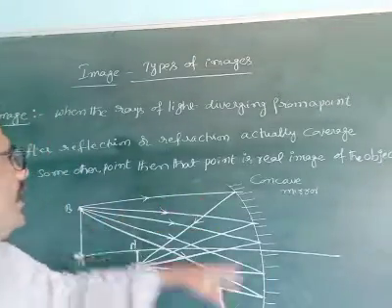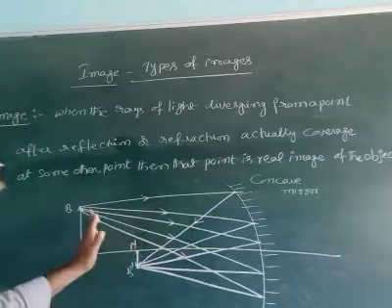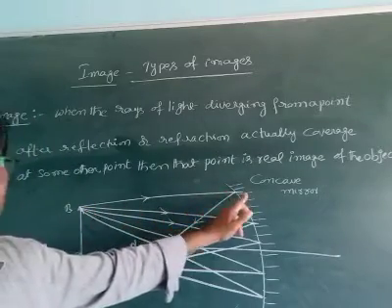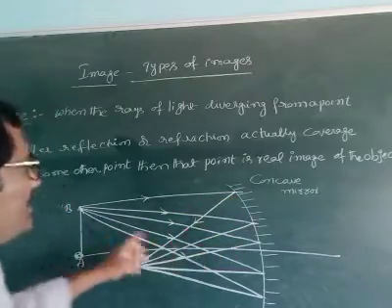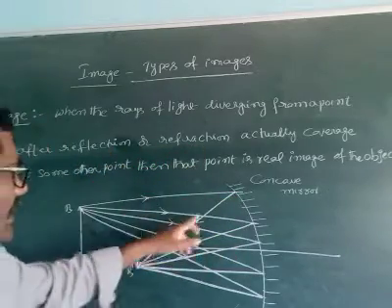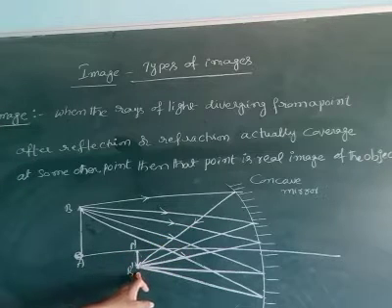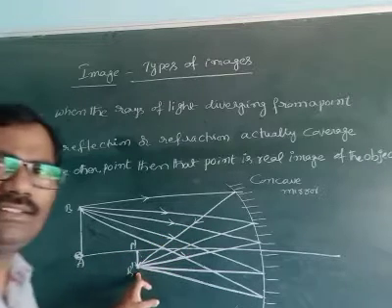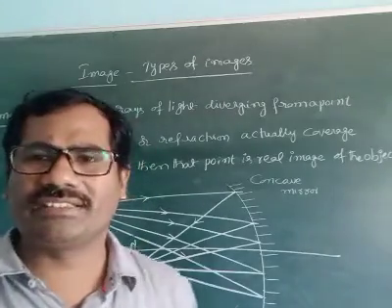It is a concave mirror. When the rays of light diverge, the incident rays become reflected rays, and after reflection they actually converge at some point. This point is known as the real image of the object.